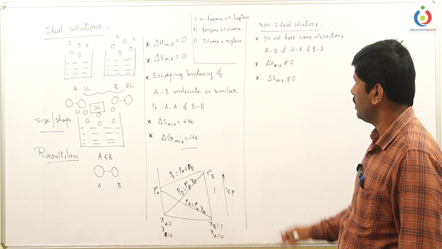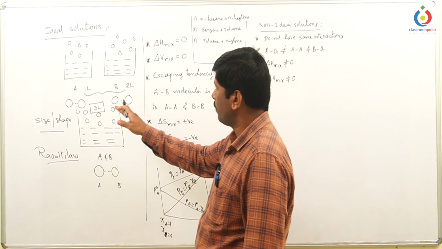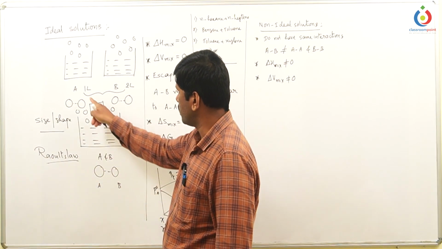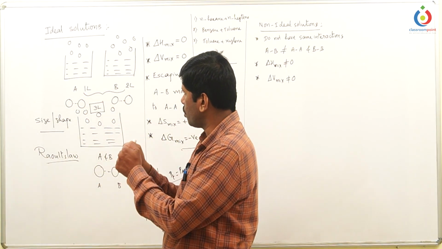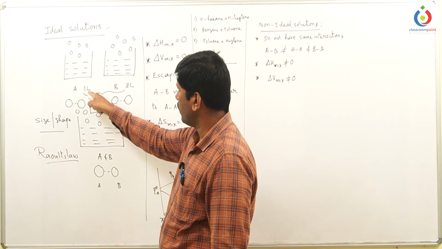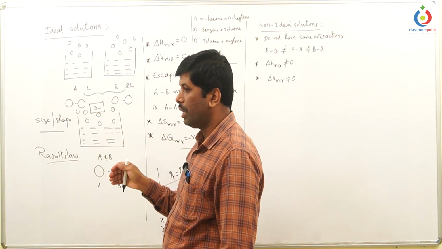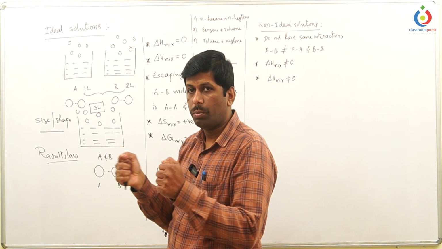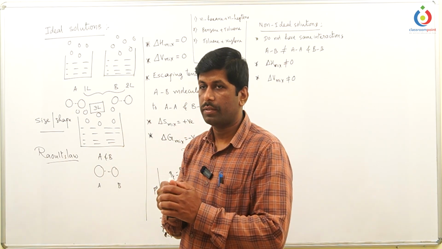The reason here is, if you add 1 liter of A and 2 liters of B, if AB molecular attractions are stronger, then 1 liter of A and 2 liters of B will give less than 3 liters. Why? Because by adding these two liquids, they get so much attracted that the volume decreases.